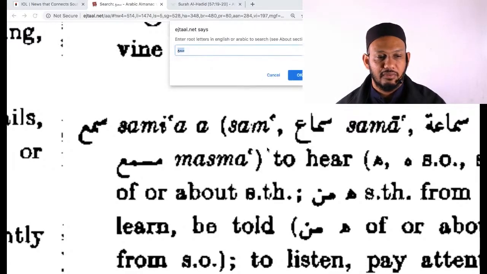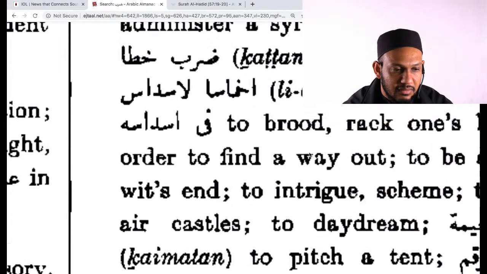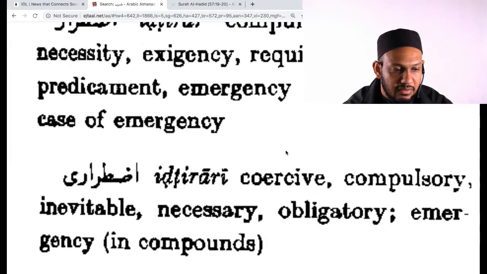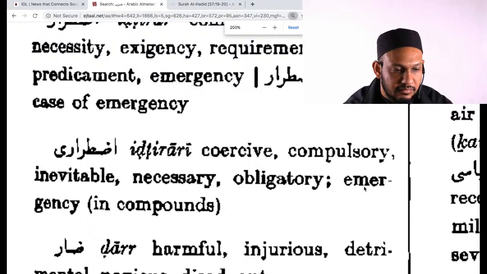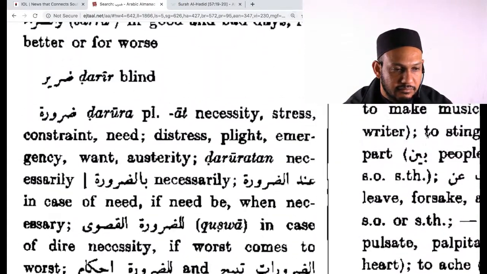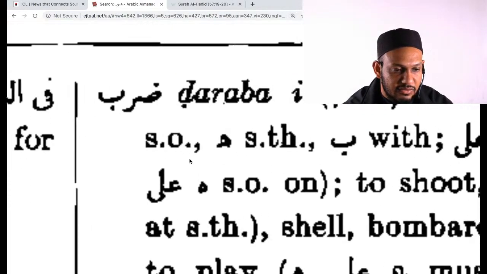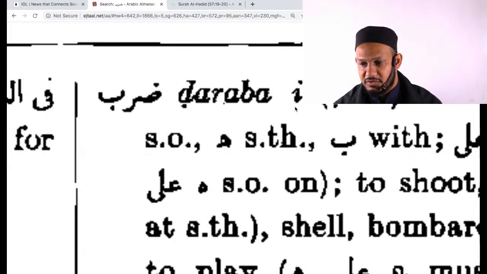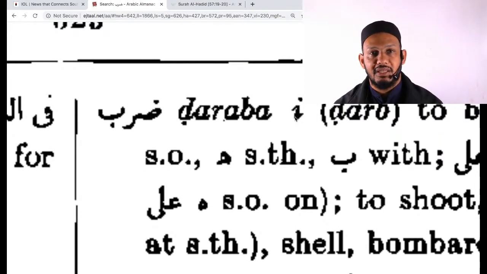If I go to, for example, daraba. Okay, I find daraba here. Can you see there's daraba and next to it there's an i, which means the middle letter is going to be daraba yadribu.